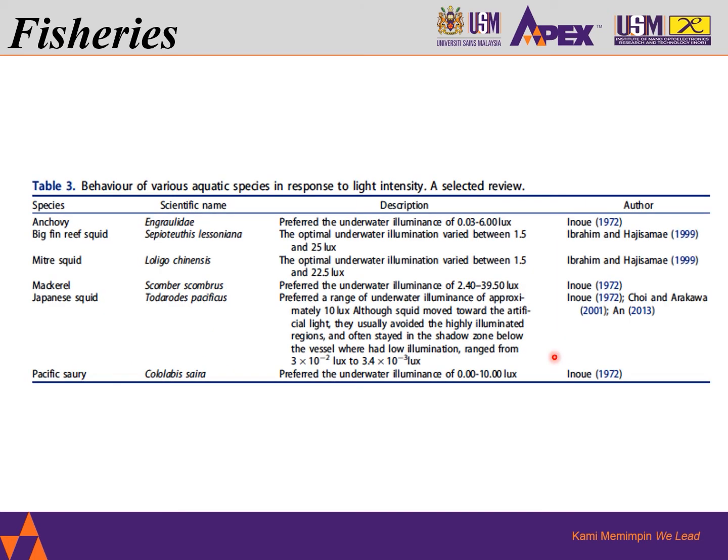And also the anchovy, for example, preferred certain underwater illuminance. This is the study for light sensitivity response for the various fishes. For example, mackerel preferred underwater illumination of 240 to 339 flux. So there are a lot of studies provided for this application of LED for fisheries itself.